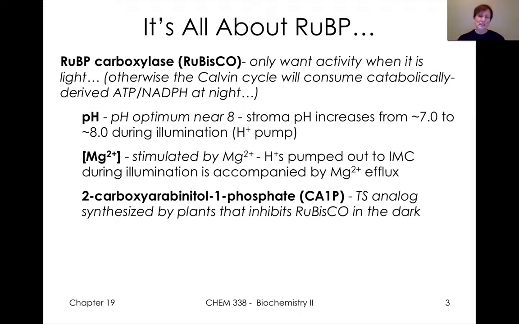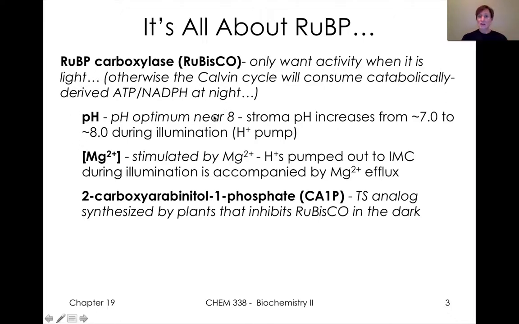In our activity, we'll make sure to review a lot with mitochondria as we compare and contrast activity within the mitochondrion, where it's all about cytochrome c and what's in its reduced state. We'll think about how we have some parallels here with what we see with chloroplasts. To highlight, first pH: the pH optimum of Rubisco is near 8.